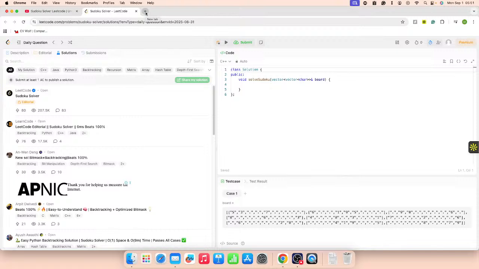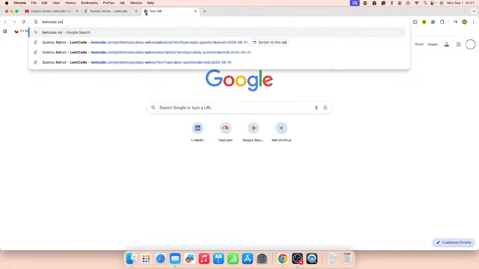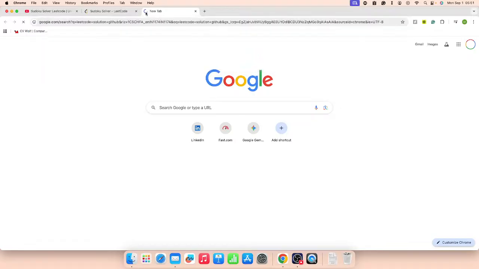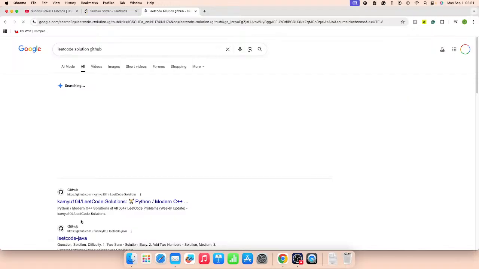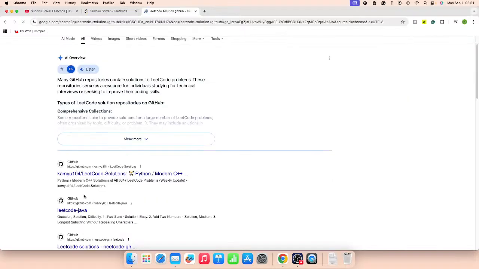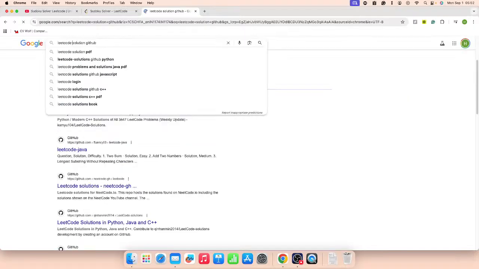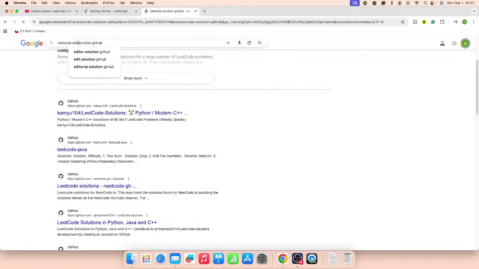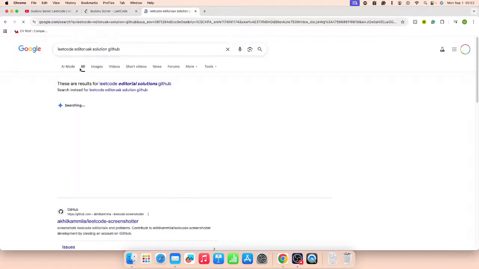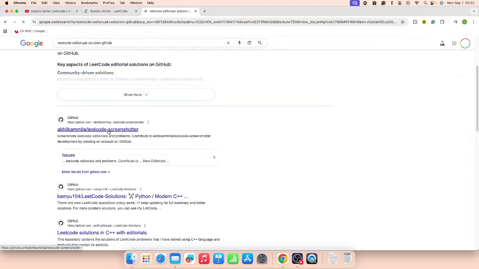If I search Leetcode editorial solution, not Leetcode solution. Yeah, this is the repository which is really good. Maybe DMCA can take it down anytime, but we are lucky that this is currently available.